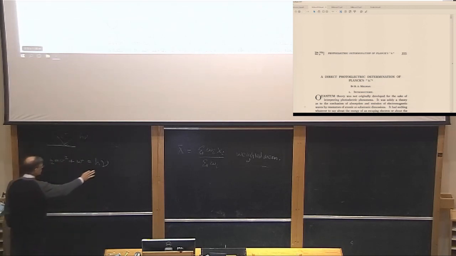So the energy of the photon is divided between energy needed to extract the electron from the metal and then some kinetic energy that's given to it so that it escapes.